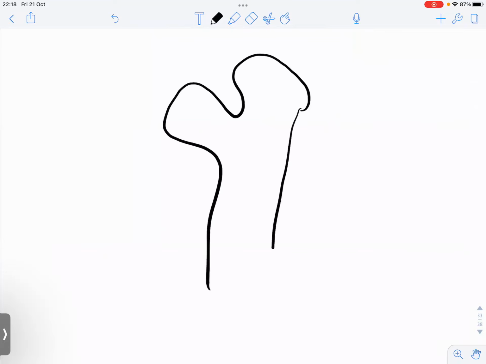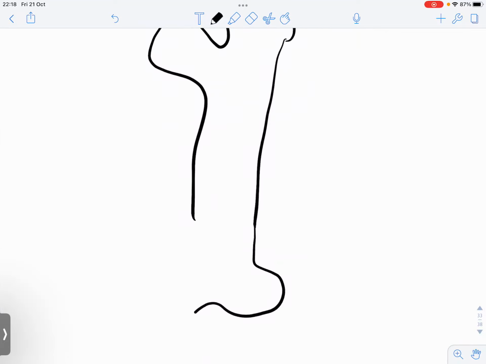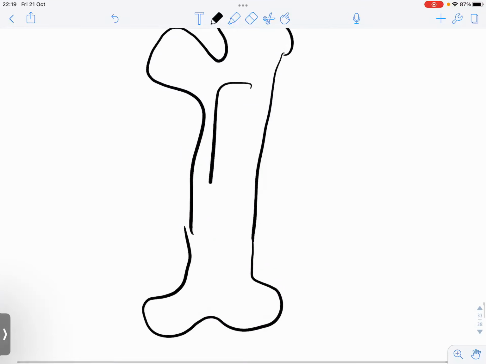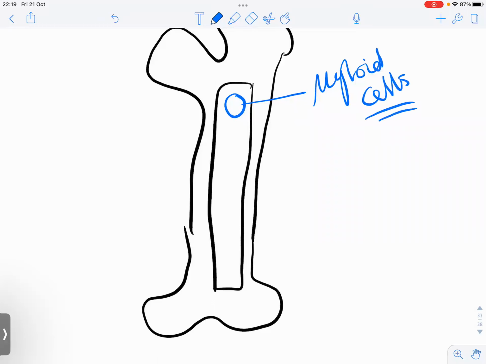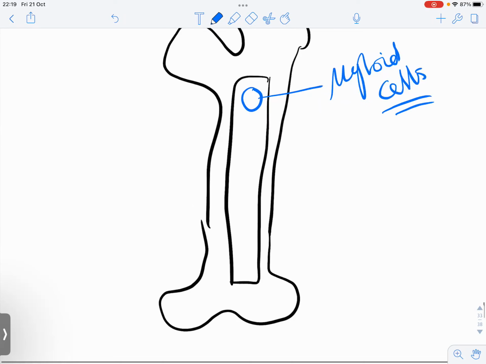We have myeloid tissue inside the bone marrow, and here we have some cells called myeloid cells, the mother cells of the blood cells, the cells which can differentiate into all types of cells: red blood cells, white blood cells, platelets.